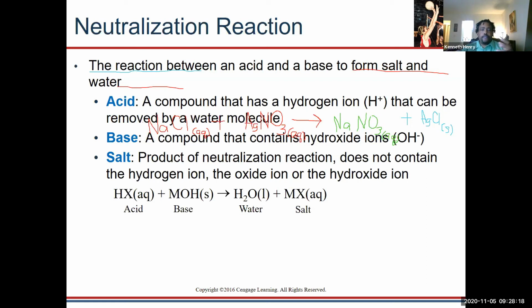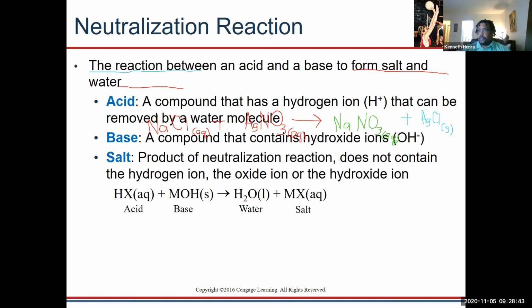So anytime that you have an acid and a base acting together, an acid is always going to have that H plus ion, and the base is going to have the OH ion. So anytime that you have an acid and a base reacting, you're going to get water because they're going to come together. And then you're going to get a salt, which is going to be a metal and a non-metal.